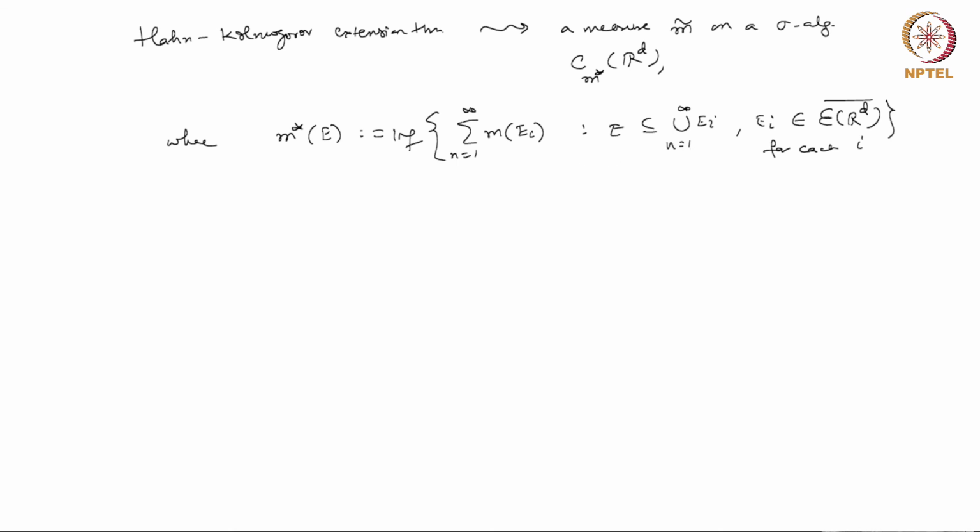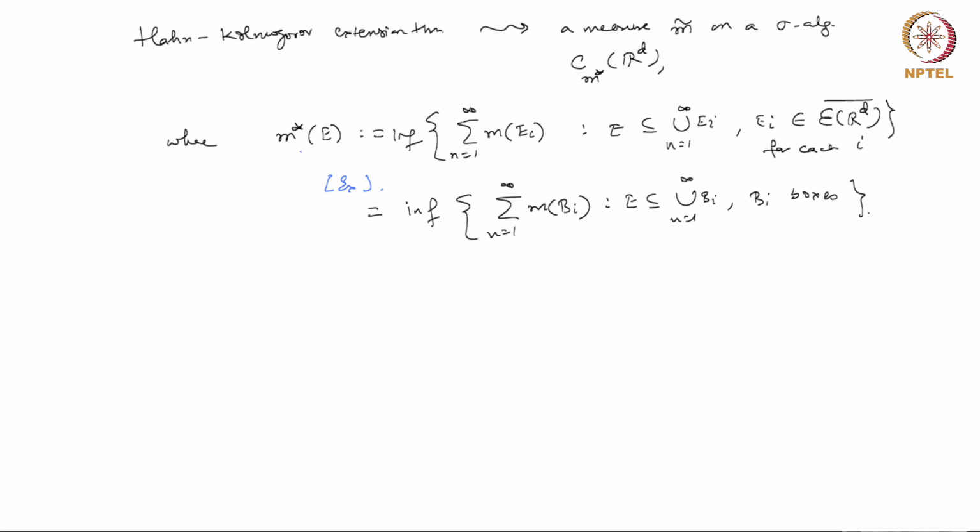So this is an infimum over such things. So we can discard those covers, because then you will get plus infinity in the sum. So in fact one can show that this is the same as the outer measure that you get from just using boxes, B_i boxes.